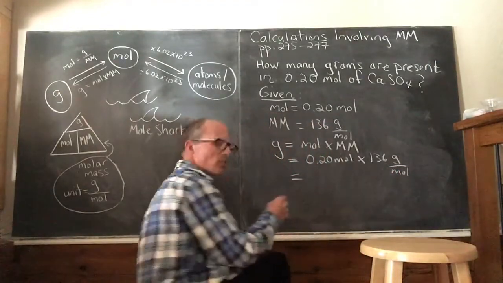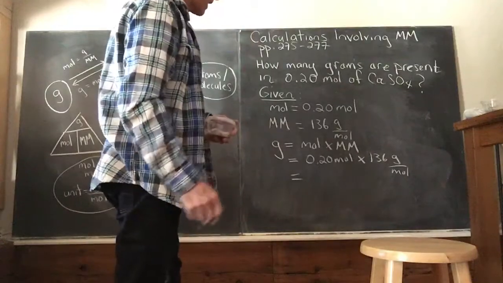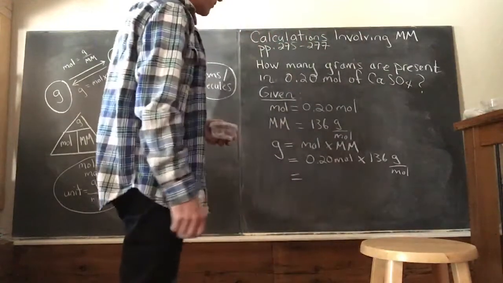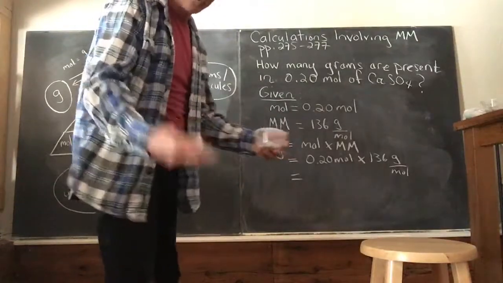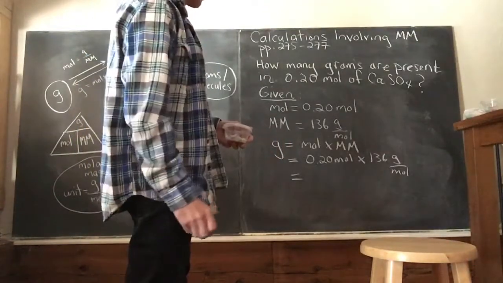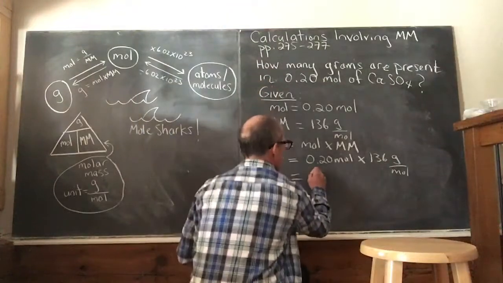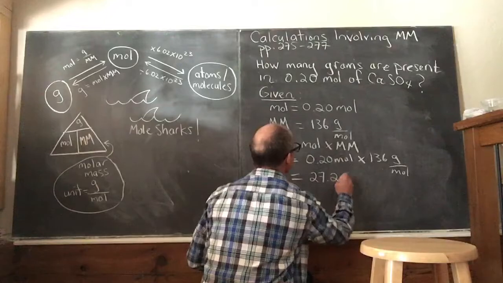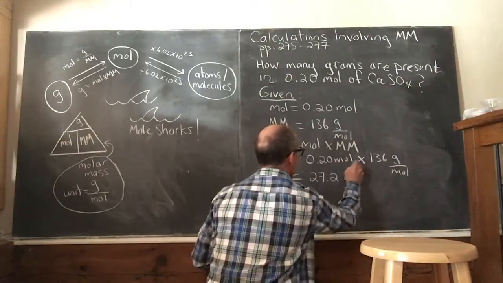And again, I picked these numbers in a nice, easy way. 0.1 times 136 will be 13.6. So 0.2 times 136 would be 27.2 grams.